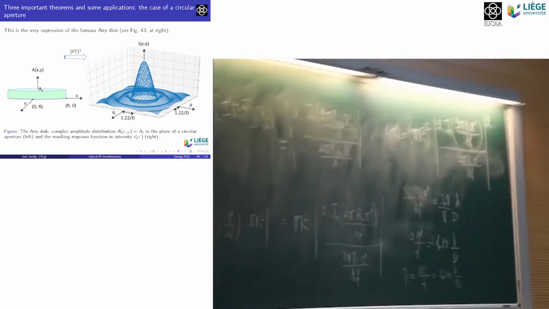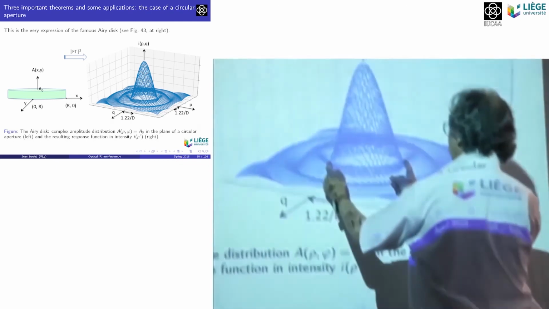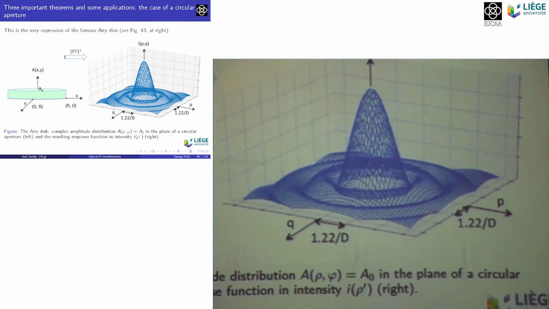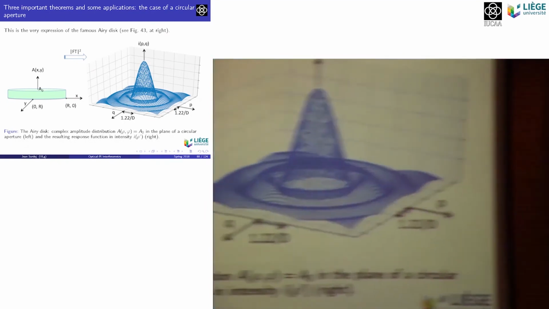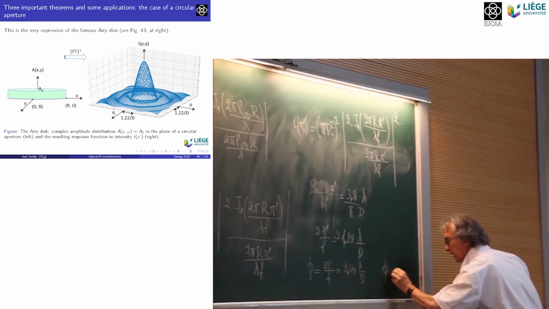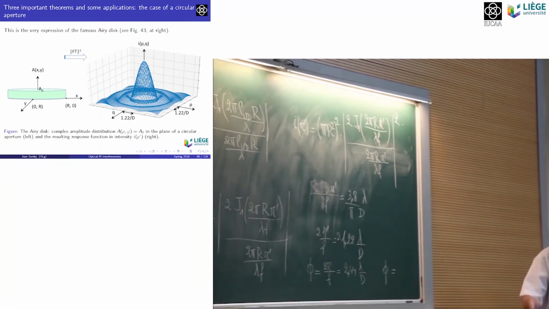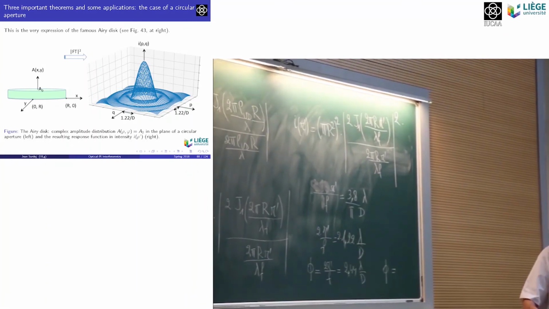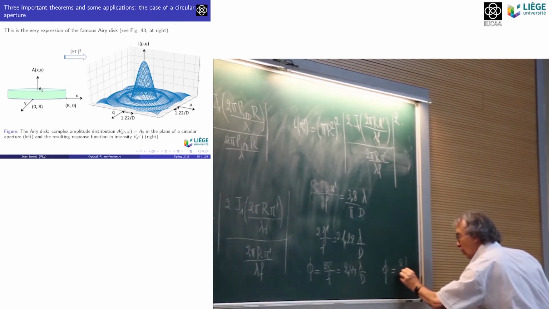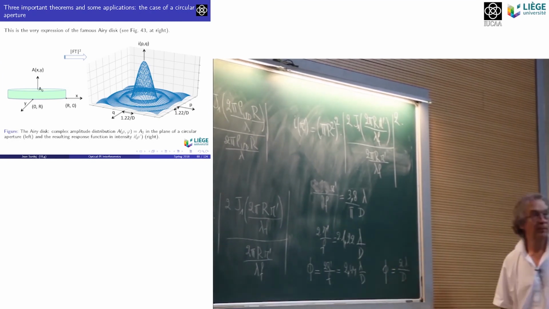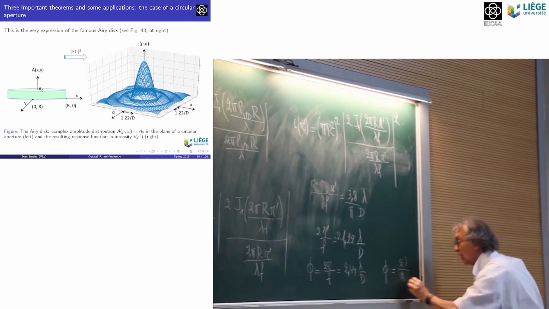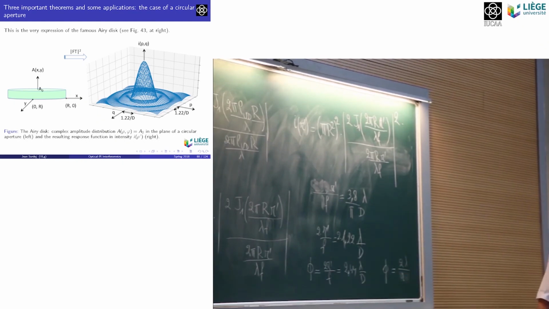So the width, the base of this peak, is 2.44 lambda over d. Before, for the square aperture, we were finding that the angular resolution of a mirror which is square and has a size of small a is equal to 2 times lambda over a. It was a, the side of the mirror.